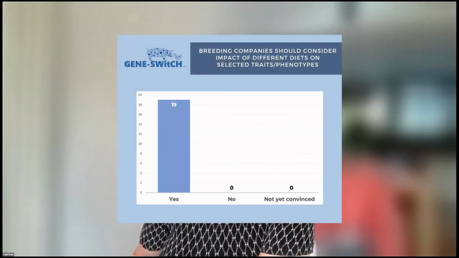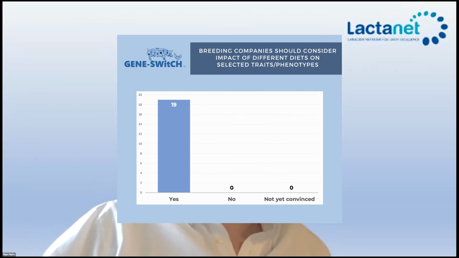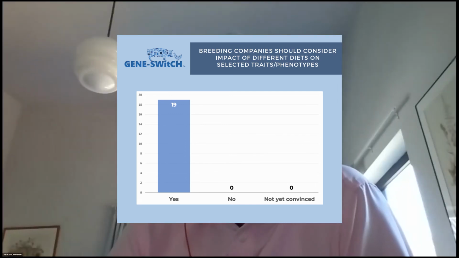And the other question is to the breeding companies. Should they consider impact of different diets on selected traits and phenotypes? Oh, that's a unanimous score. And if you had asked me to predict, I would have said so.